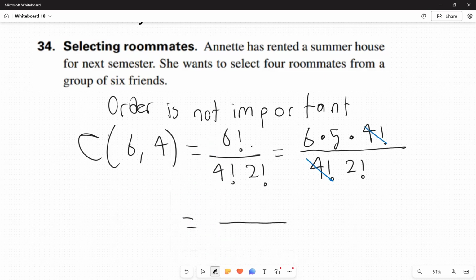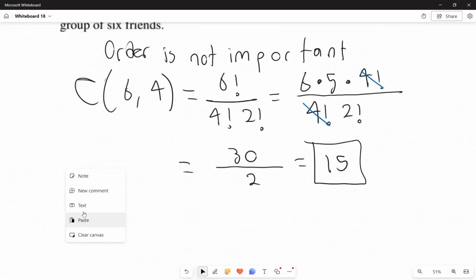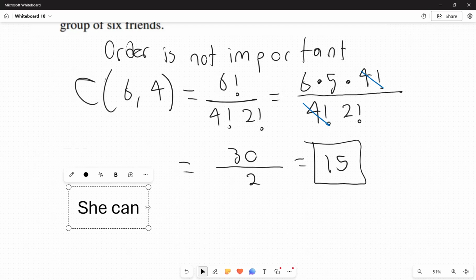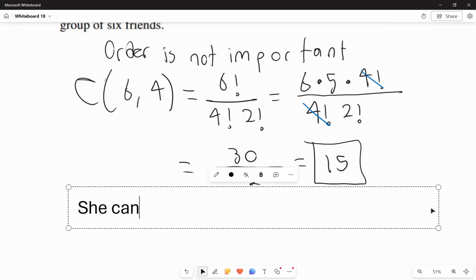And then 6 times 5 is 30. 2 factorial is 2 times 1, or 2. And that's it: 15. So she can select 4 friends in 15 different ways. So Annette can select her friends in 15 different ways.